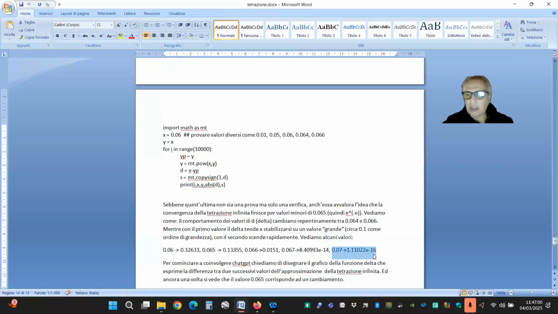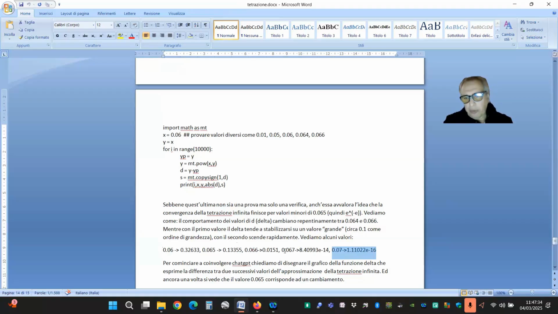With 0.07, we go to 10 to the power of -16. We are approaching the limit of representability of our numerical representation, because we use floating point numbers that have a minimum representation limit. I haven't checked exactly what it is, but 10 to the power of -17 could also be a reasonable limit for the granularity of our numerical representation.